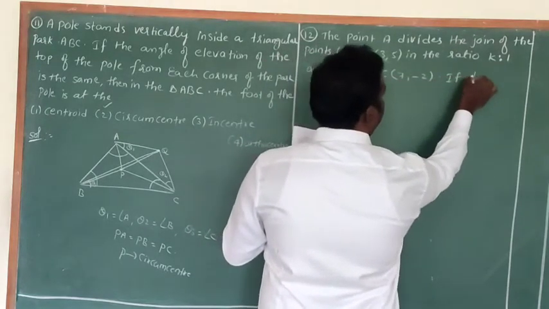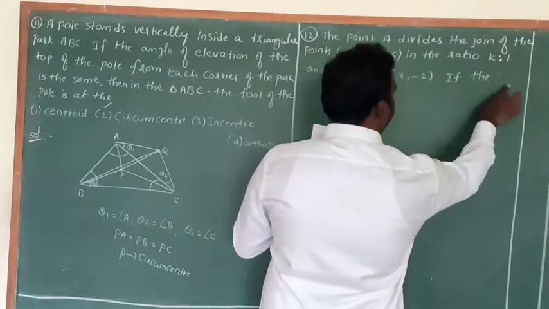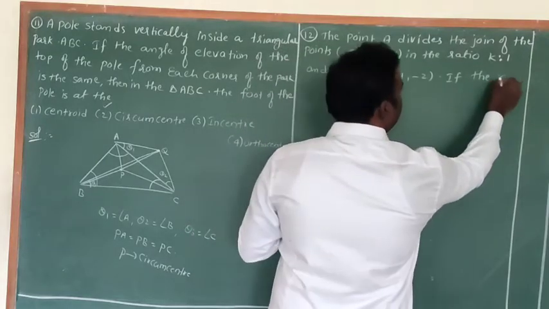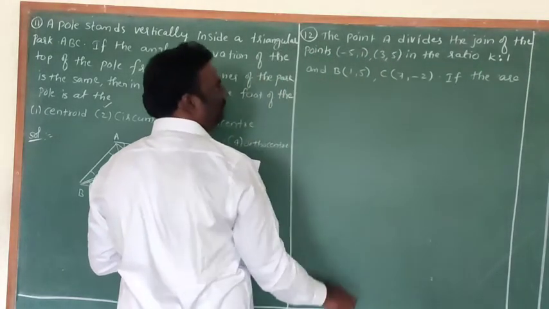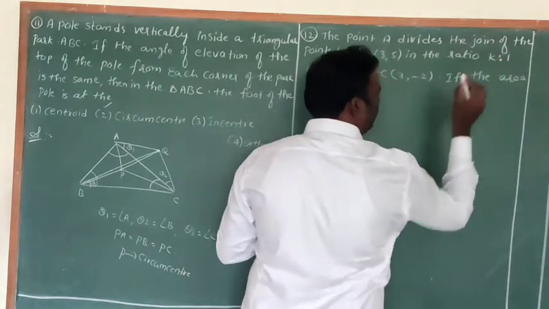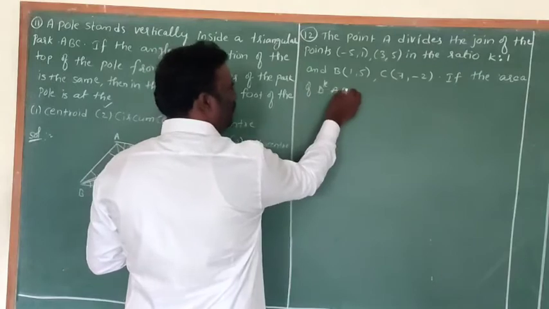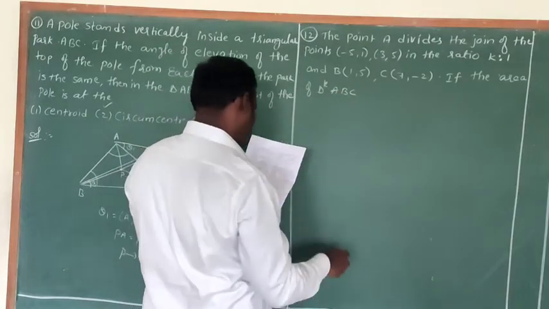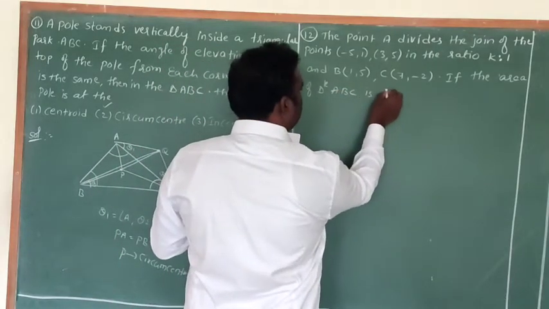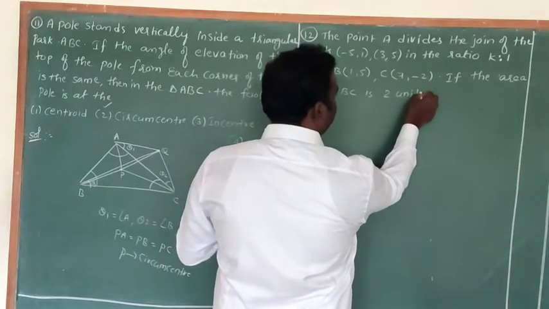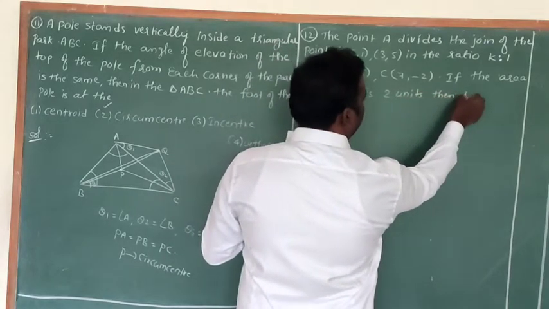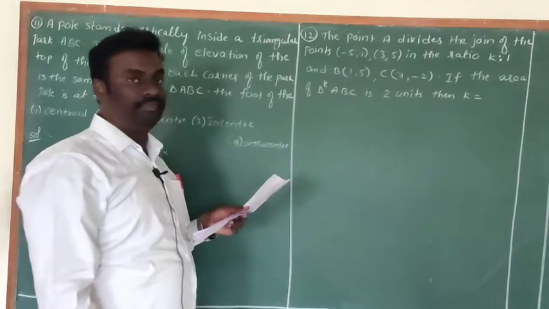If the area of triangle ABC is 2 units, then k is equal to, that is the question.